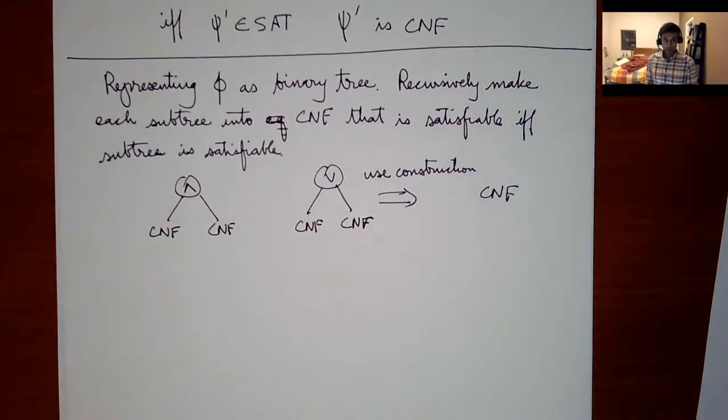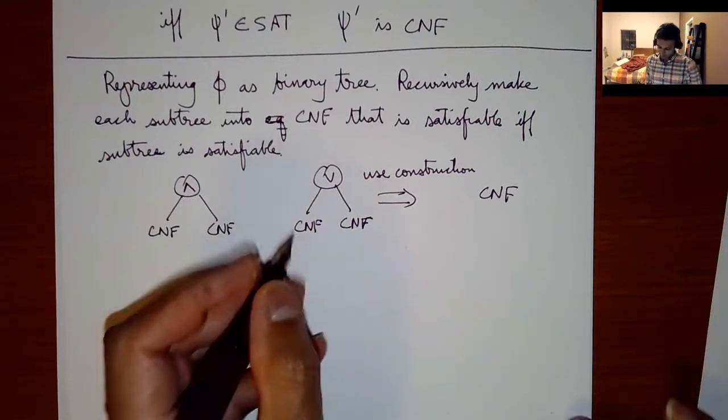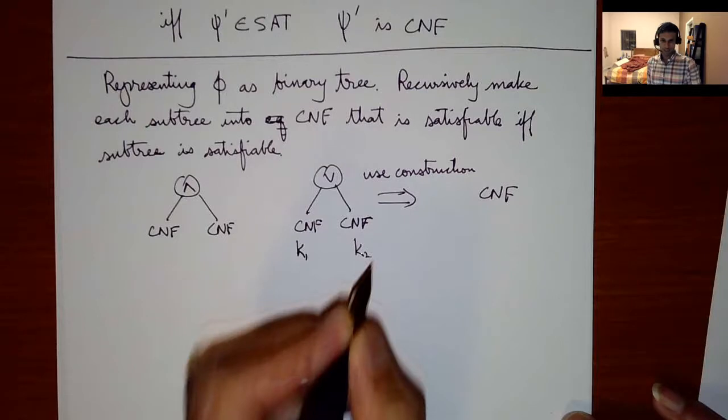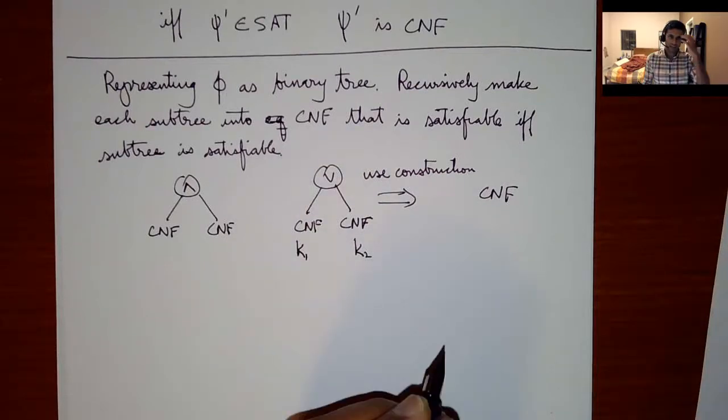Now this is going to blow up the size of the formula. The formula is going to increase each time. So let's try to understand how much that increase is. So if the size of this was K1 and the size of this was K2, let's say the size is definitely an upper bound on the number of clauses.